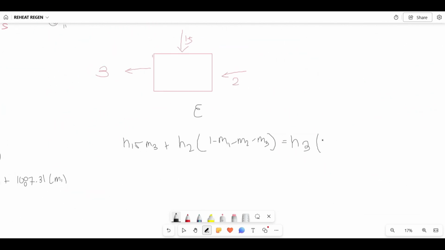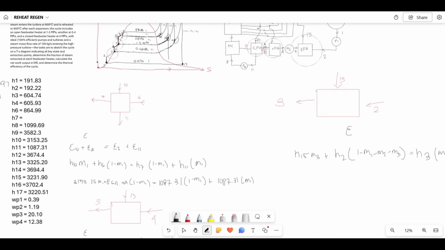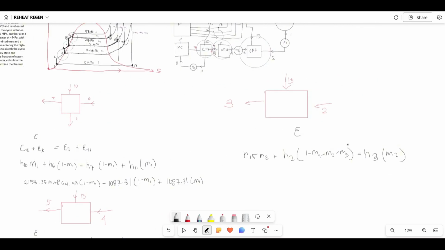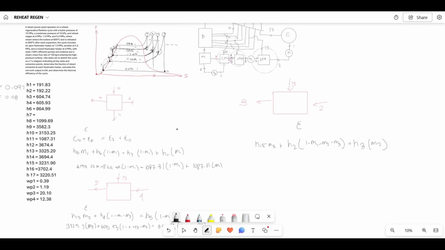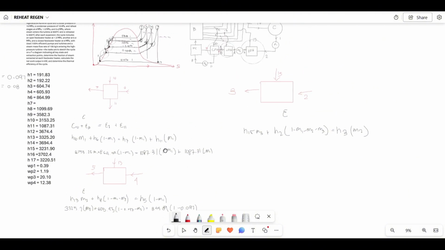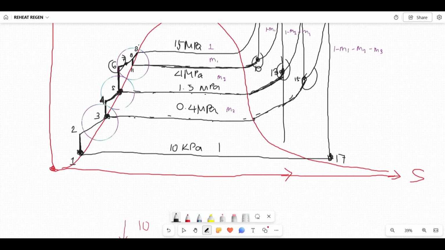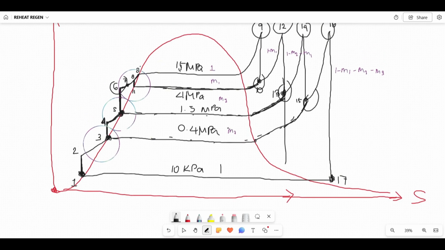But first, we need to look at what happened to H3. H3 is a collection of, if you're going to look at this specific diagram, H3 is where we eliminate M3 and M3.